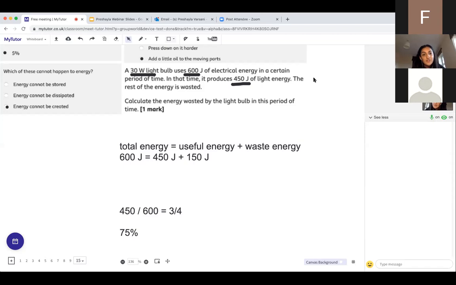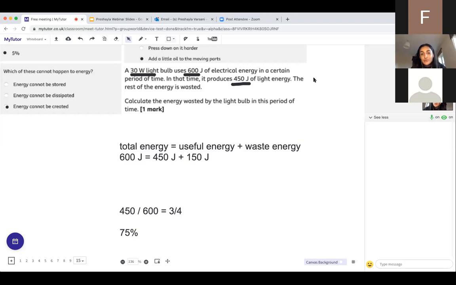Some of it goes to useful energy, which is light. The reason that we try to save energy is by trying to reduce the amount that goes to waste. What we talk about when we say saving energy is trying to reduce the amount that goes to waste and try and save the amount of energy for useful purposes.